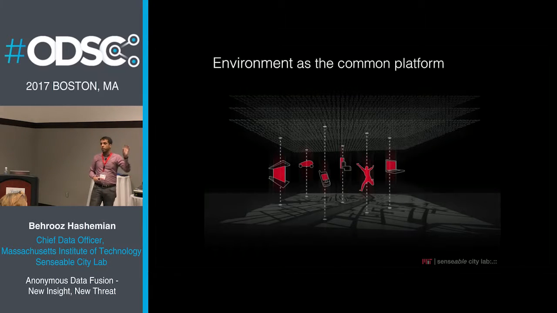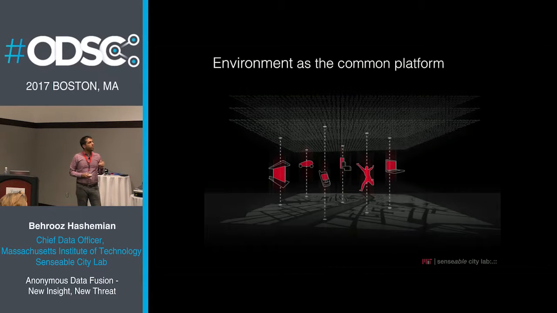So these locations are there, the environment, the city that people are interacting with is there. And this allows for many uses that we can have with many data sets, although they are anonymized. But this is not enough for merging two anonymized data sets together.